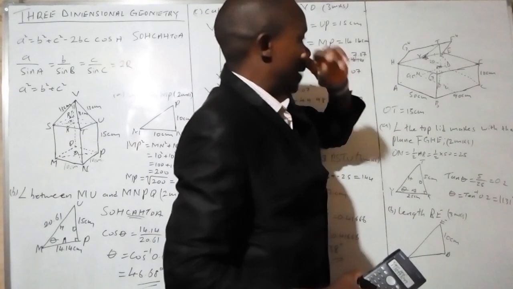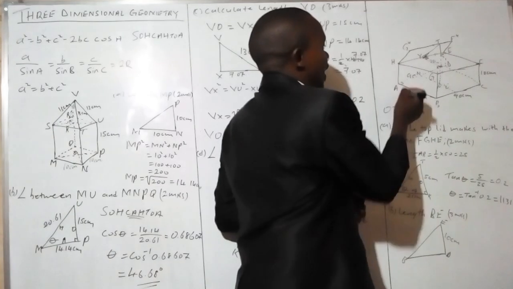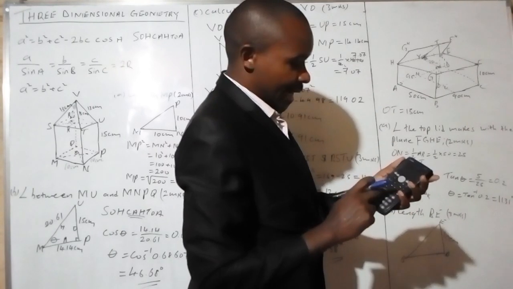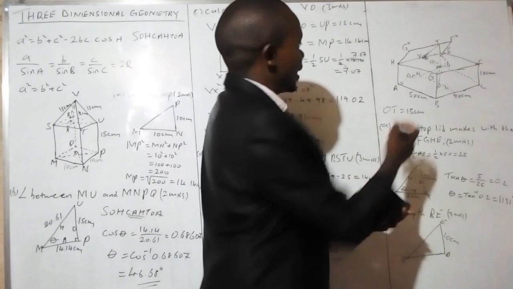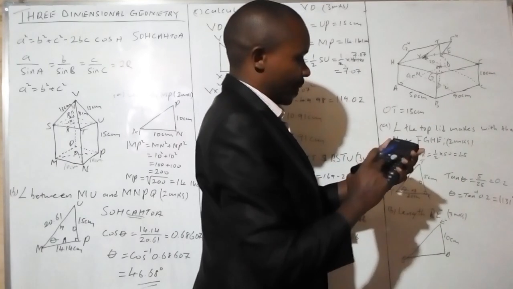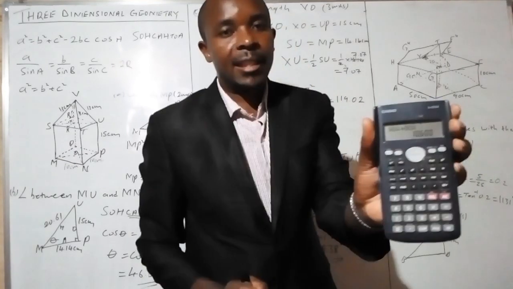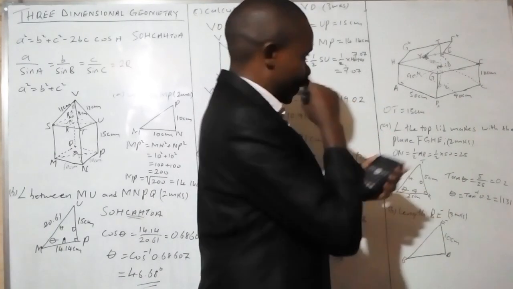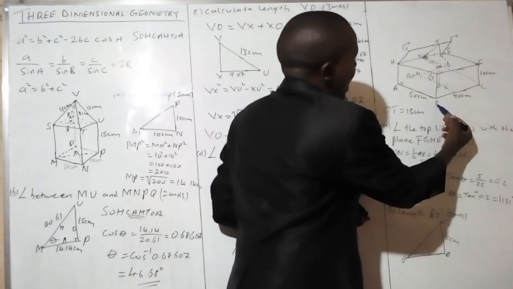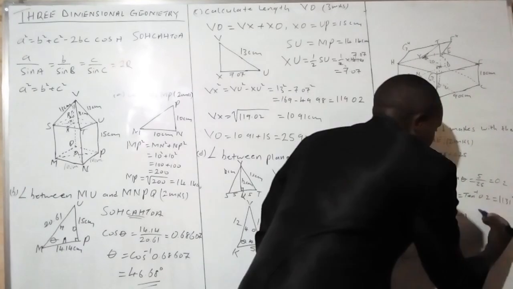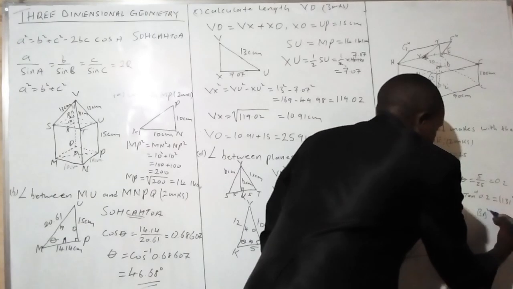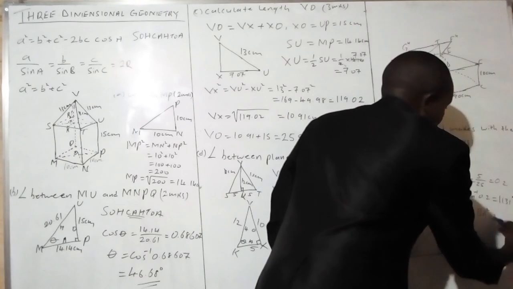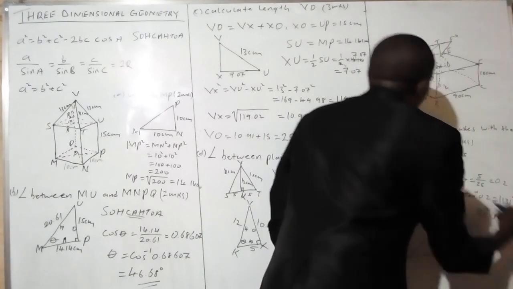Since this angle is 90 here, BD squared is equal to AB squared plus AD squared.